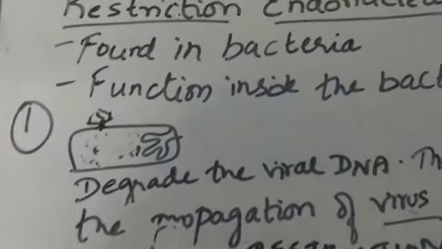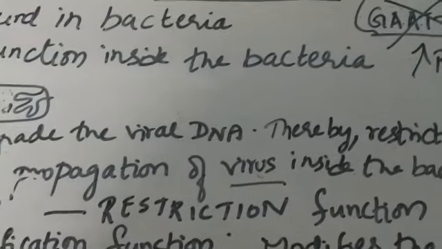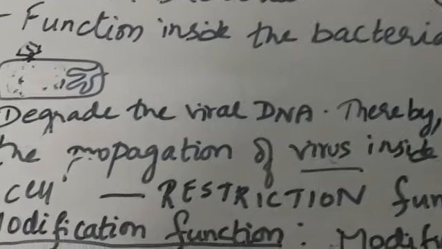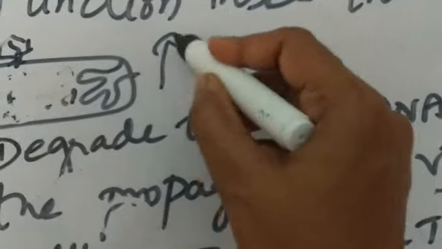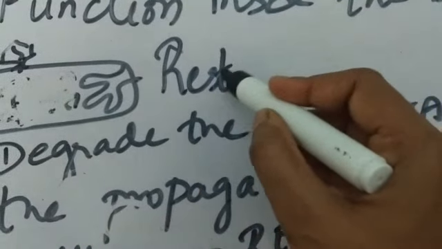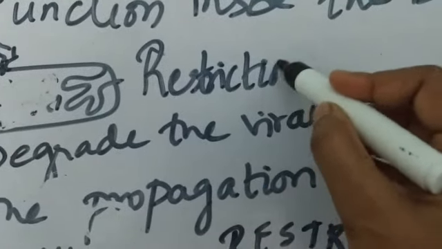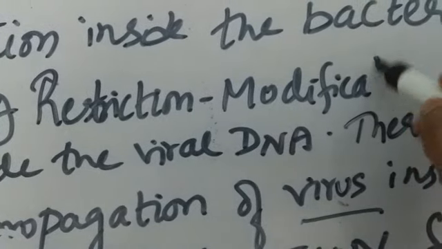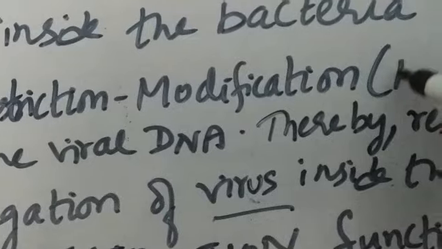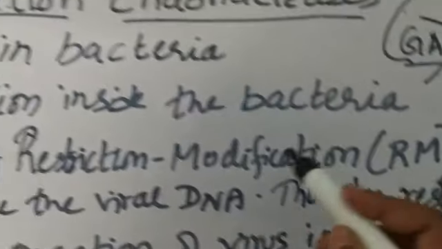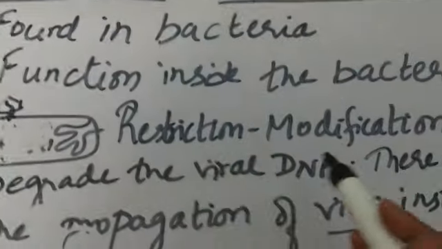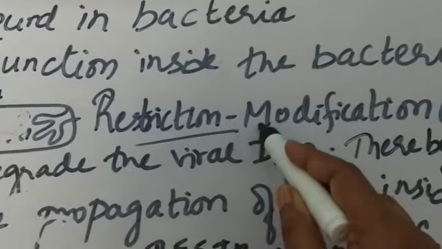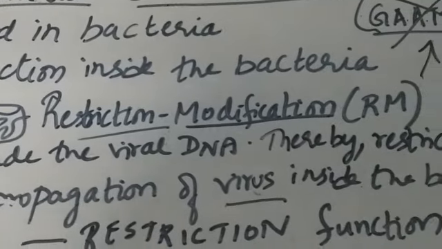So these are the two functions inside the bacteria. Therefore, this system is also called the restriction modification system, or RM system, because the same enzyme is able to do both the restriction function and the modification function. Okay?